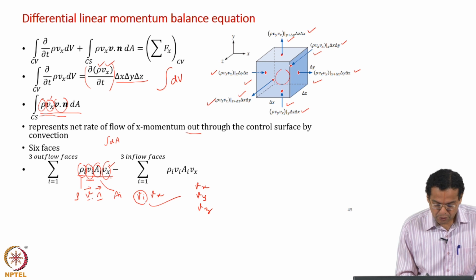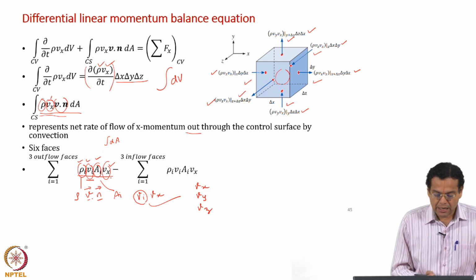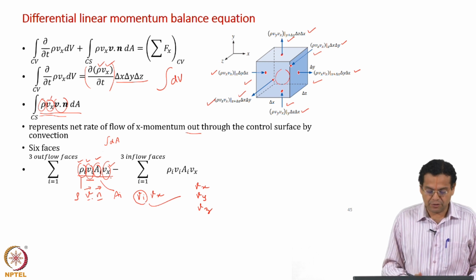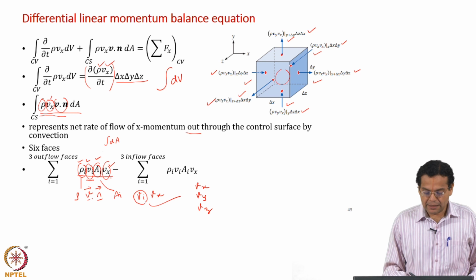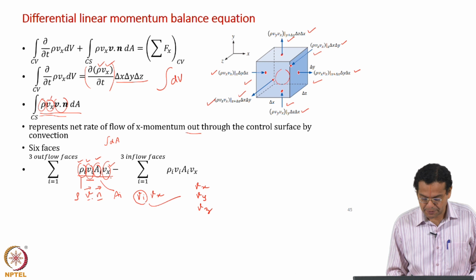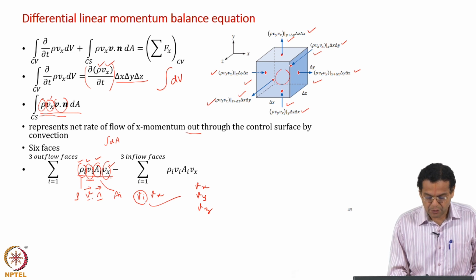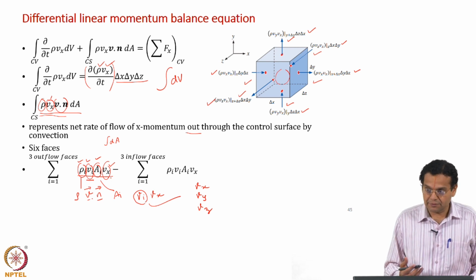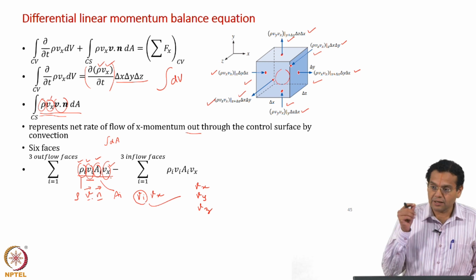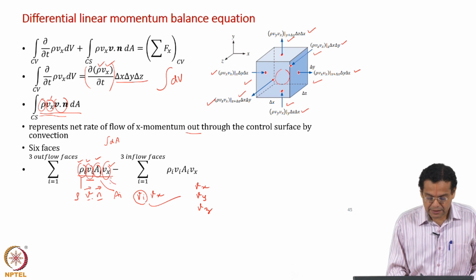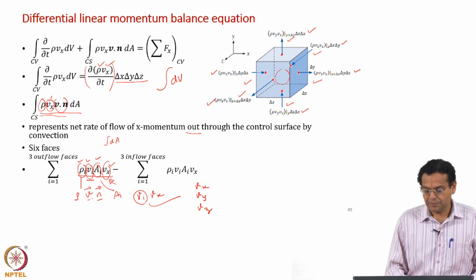So, rho_i V_i into A_i accounts for the mass flow in a particular direction, entering and leaving, in this case of course leaving. And this V_x accounts for the direction of momentum. That is why I am very specific that first is rho, V_i represents V dot n for a particular direction i, and then A_i represents the area of that particular phase, and we are writing x component momentum balance, x direction, and hence this V_x is the velocity in the x direction.